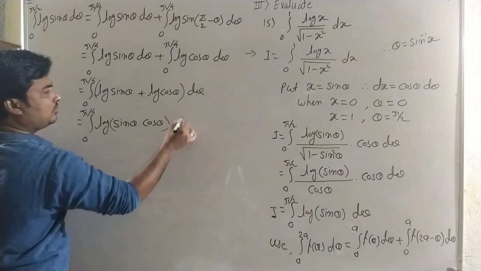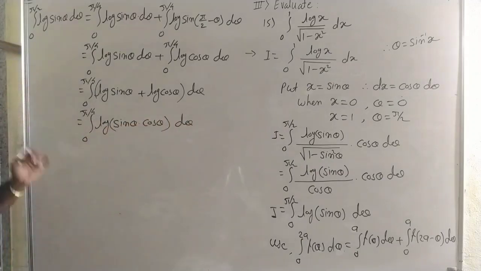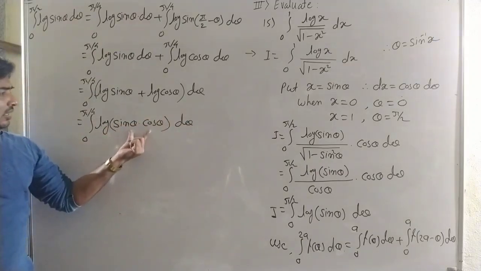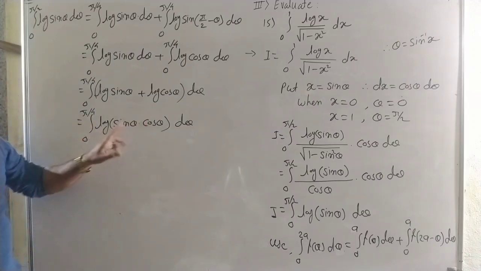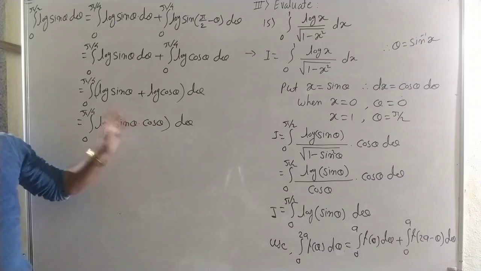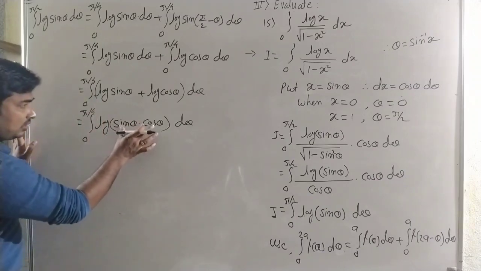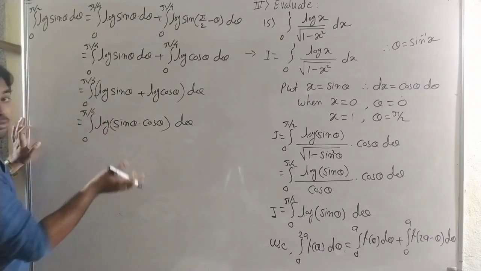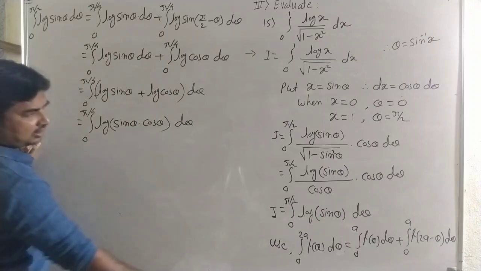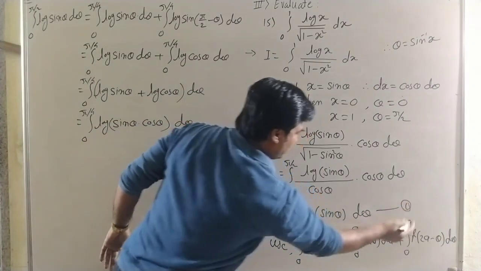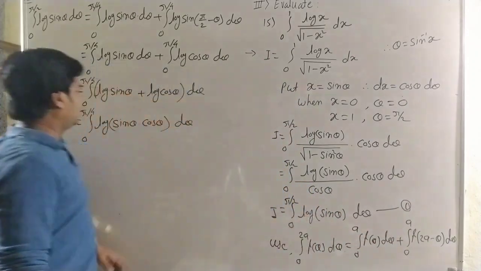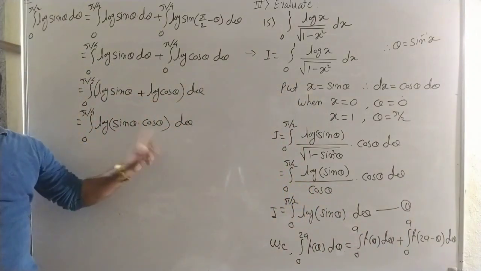Now after using the property we get this integral, but log of sin theta into cos theta directly cannot be integrated. So we convert this sin theta into cos theta in the form of sin 2 theta. Here the original integral, suppose it is equation number 1, is log of sin theta, but here it is log of sin theta into cos theta.